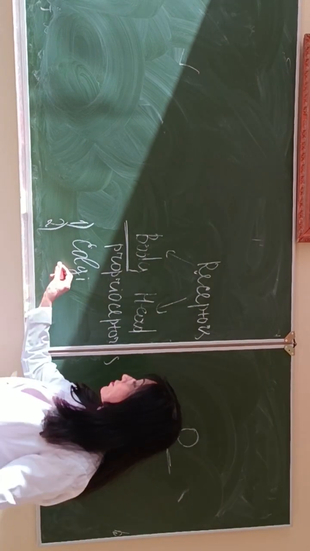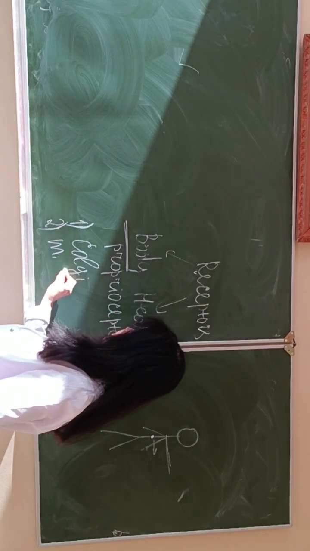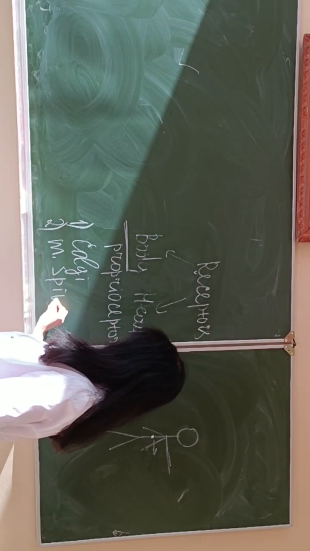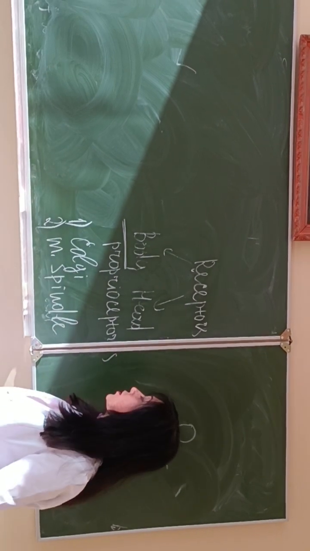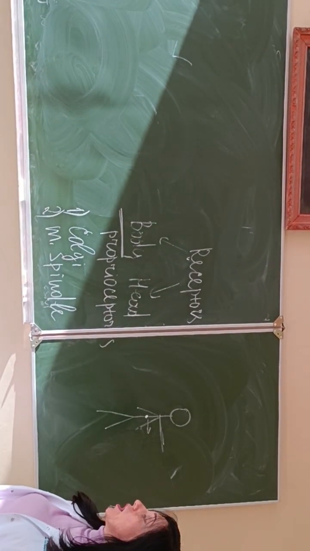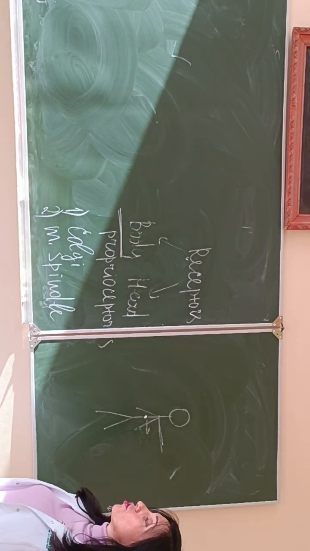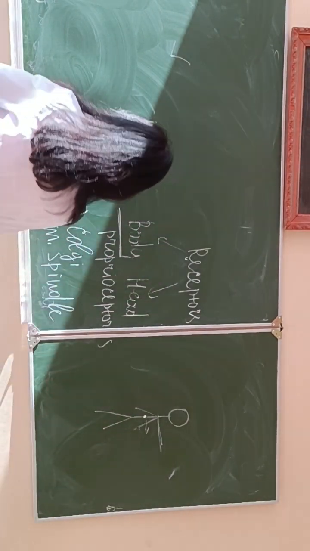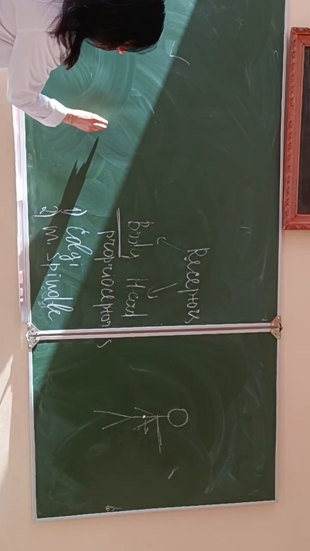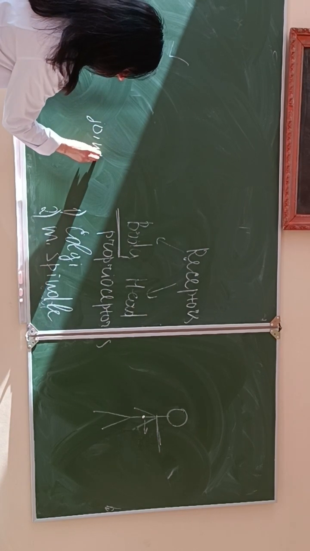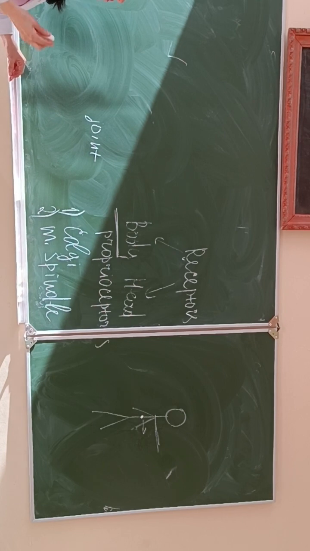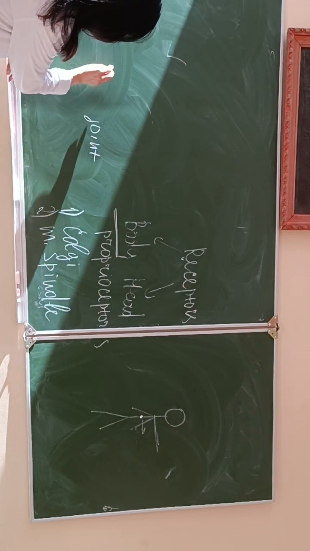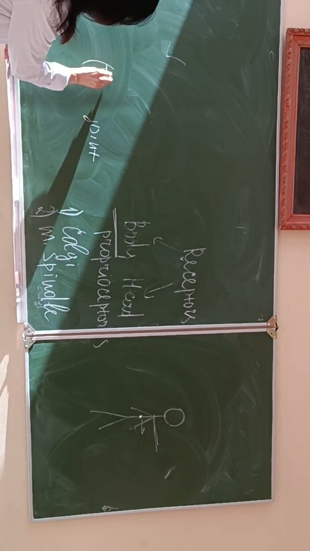What receptor next? Muscle spindle. What additional receptors help to control muscle tone? Joint receptors, Pacini, for example, and the temporomandibular joint in the oral area.